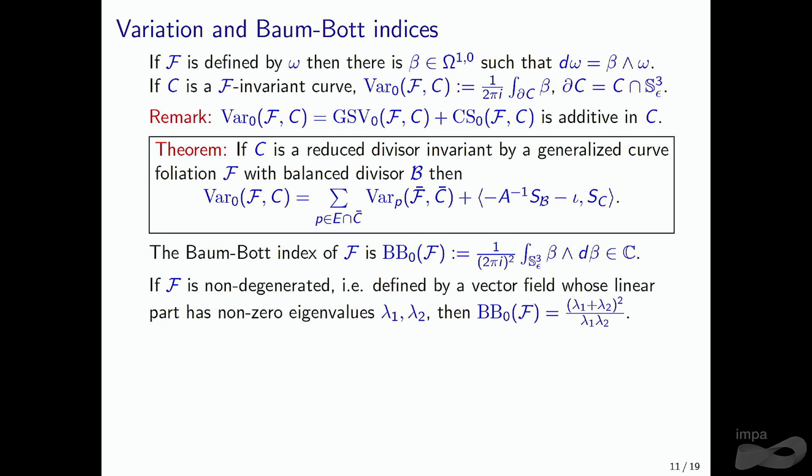And the Baum-Bott index is defined using the same 1-form beta and making the integral along a three-sphere around the singular point of beta wedge d beta.